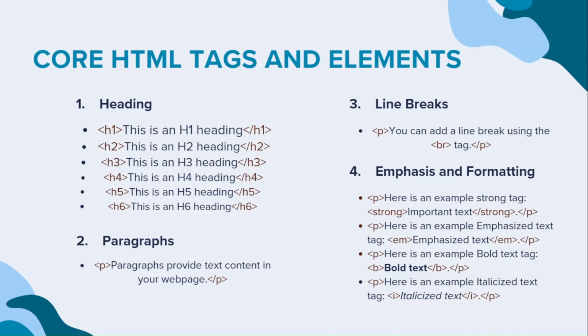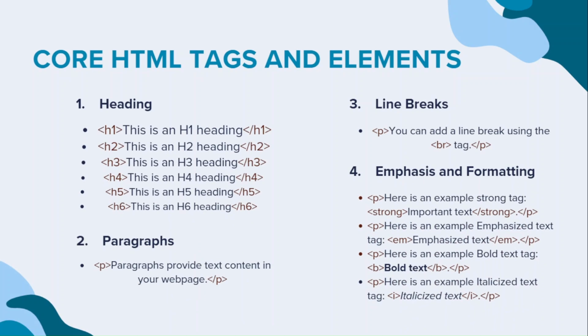Paragraphs. This tag defines a paragraph of text. Line breaks, br. This tag inserts a line break, moving the cursor to the next line. Emphasis and formatting. Strong. This tag defines important text, typically displayed in bold. em.